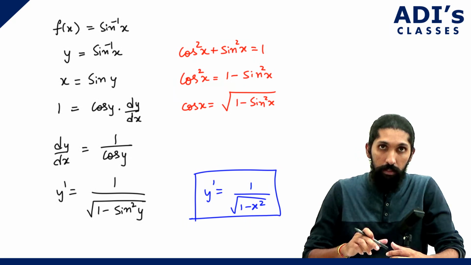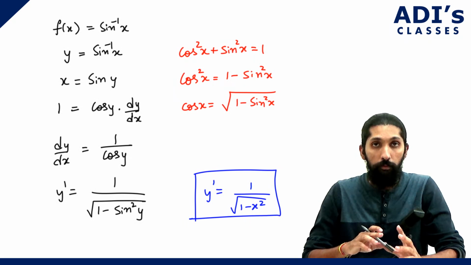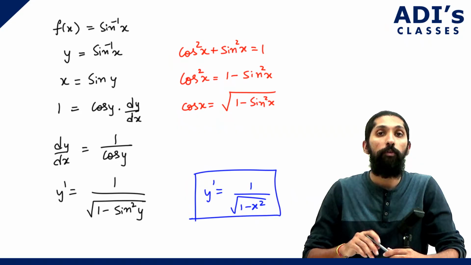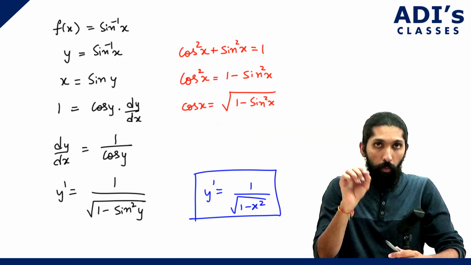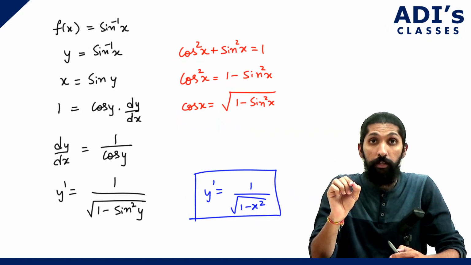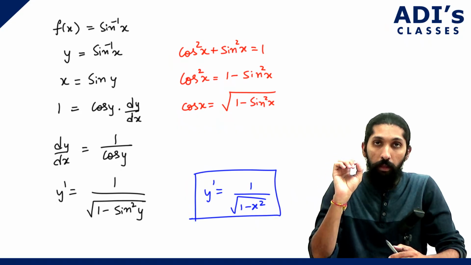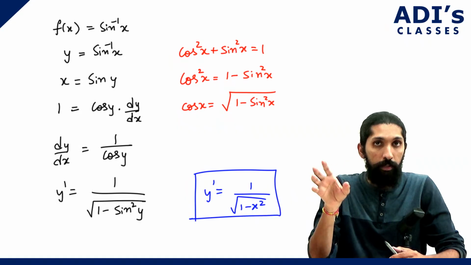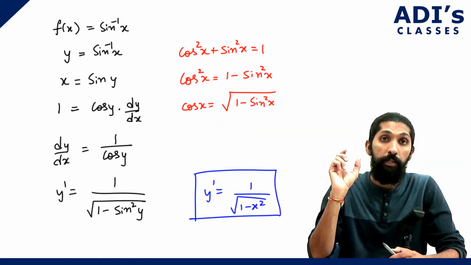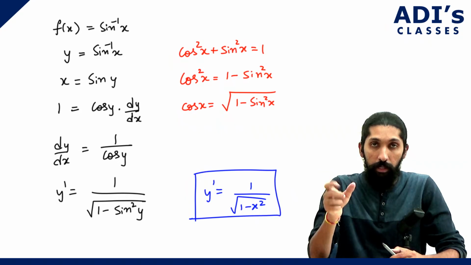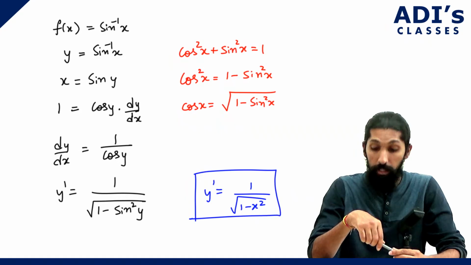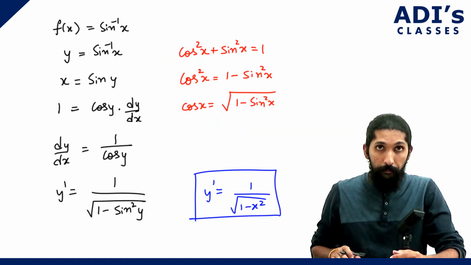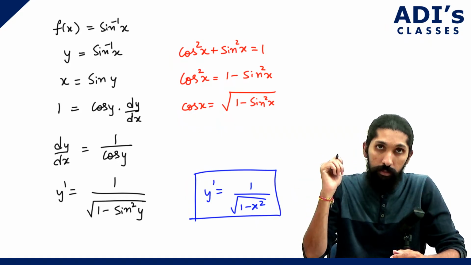Like this, we have one particular table for all the inverse trigonometric functions. One thing I want to specify very clearly: every inverse trigonometric function has a particular domain. Like x belongs to one particular interval. In this particular case, x can never be more than 1, isn't it?